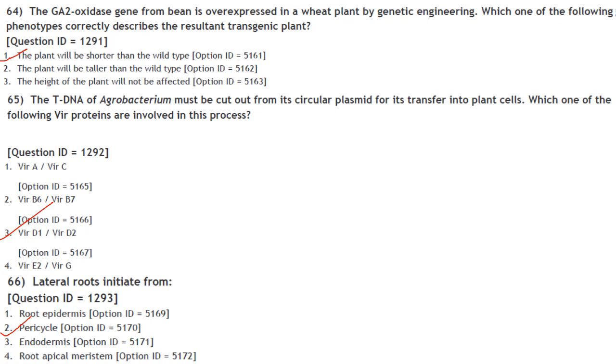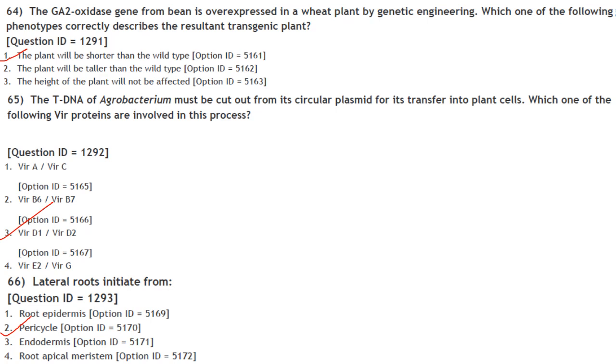So what will happen? Now the GA2 oxidase gene from bean is overexpressed in wheat plant. So GA2 oxidase gene inactivates the gibberellic acids. So naturally there will not be any internode elongation. So the plant will be shorter than the wild type. Answer is option 1. Then next one.